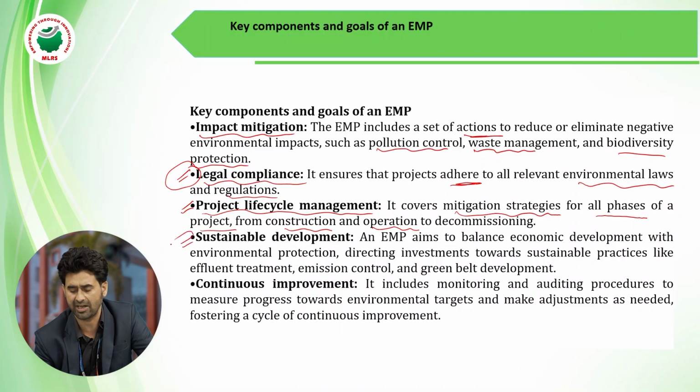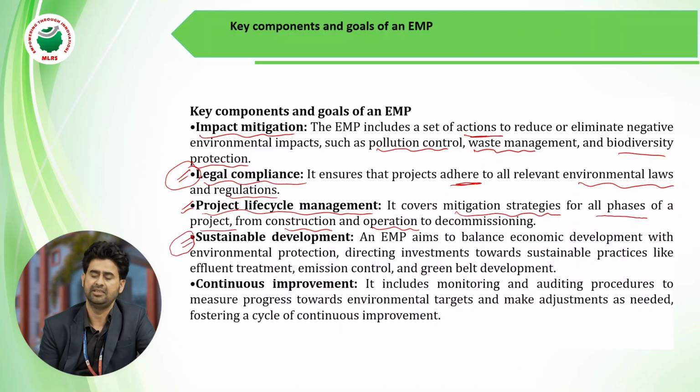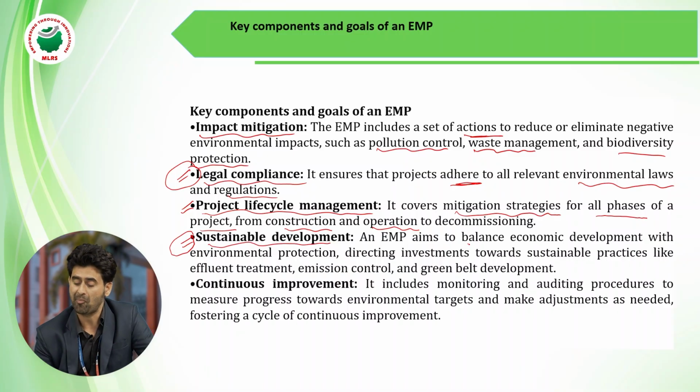Then an important component, or we can say the goal, of the environmental management plan is sustainable development. It should aim to provide a complete balance between economic development and complete assurance of environmental protection, directing investments towards sustainable practices like effluent treatment, emission control, and green belt development.